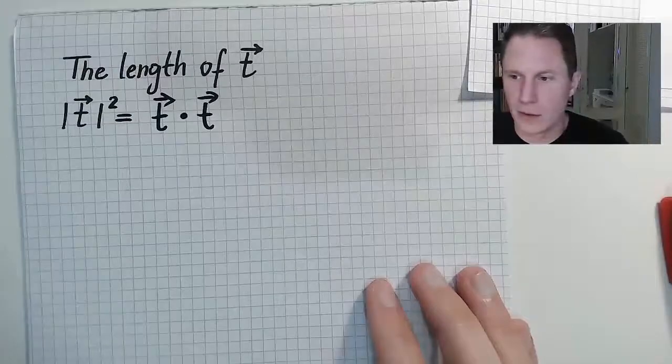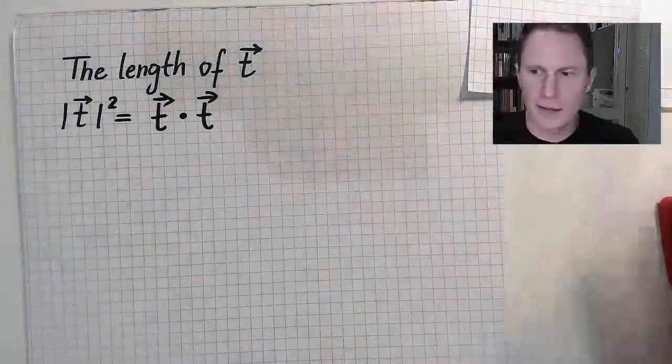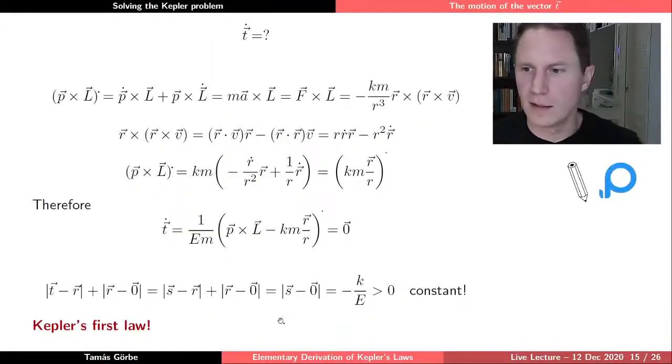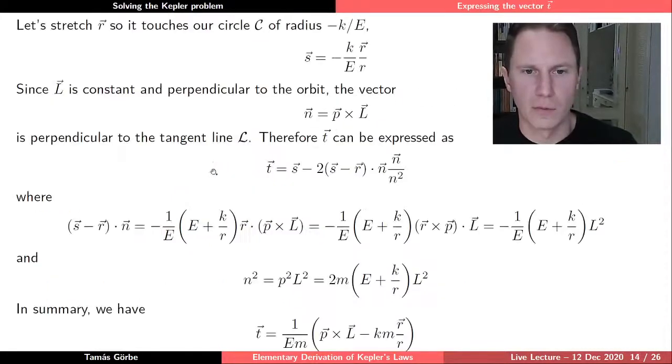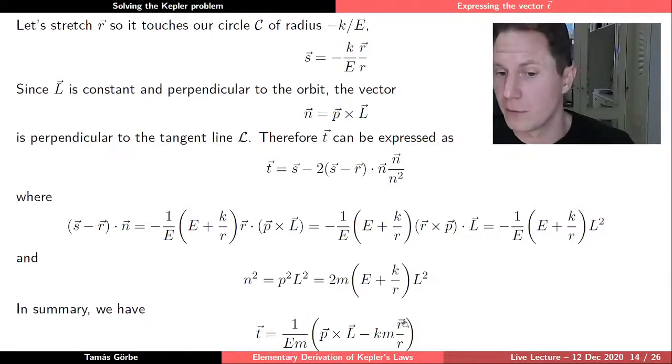Let me go back and show you that. Little t was written like so: 1 over em times p cross l minus k times m times the vector r divided by its length.